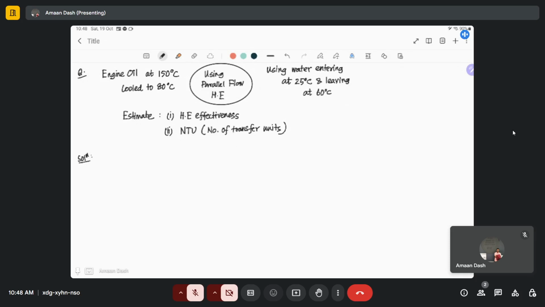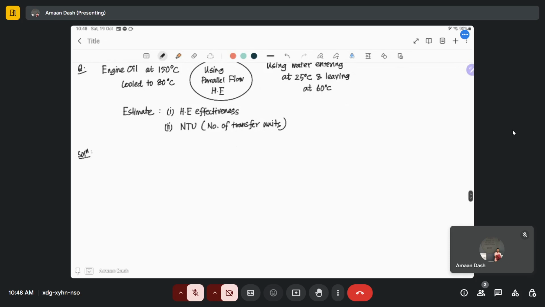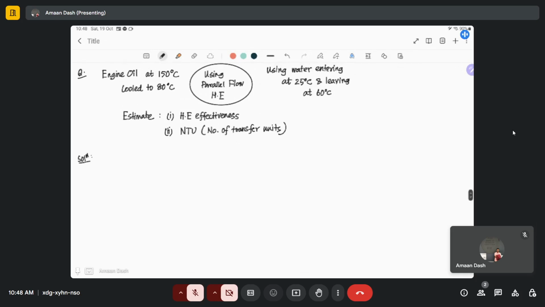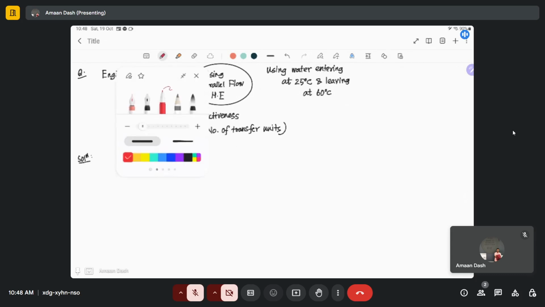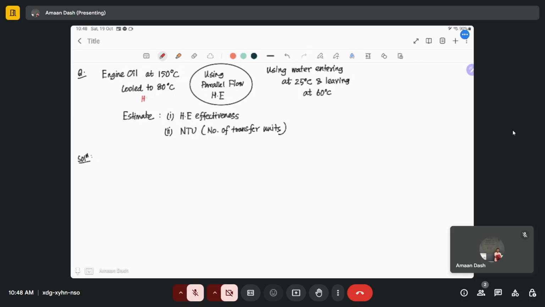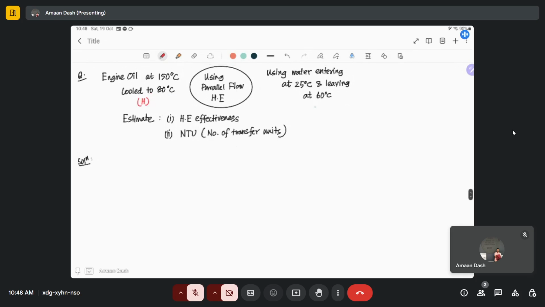So we can do energy balance for the hot fluid and the cold fluid. Okay. So let's say that this is the hot fluid. Just give it a name. And this is the cold fluid.